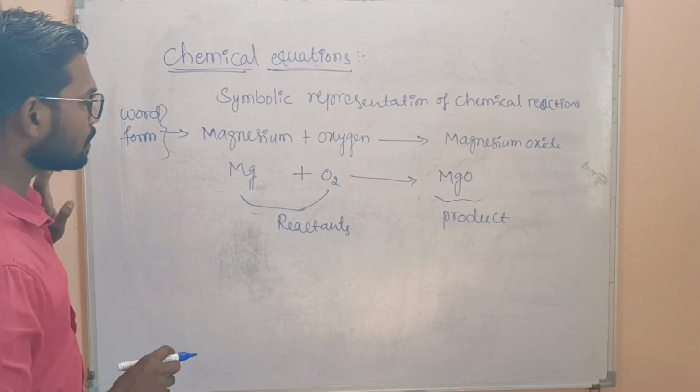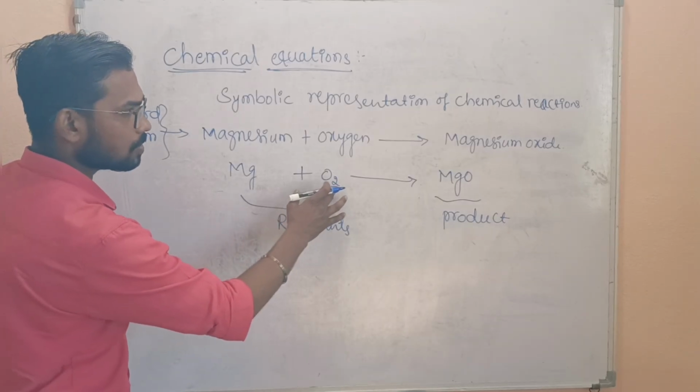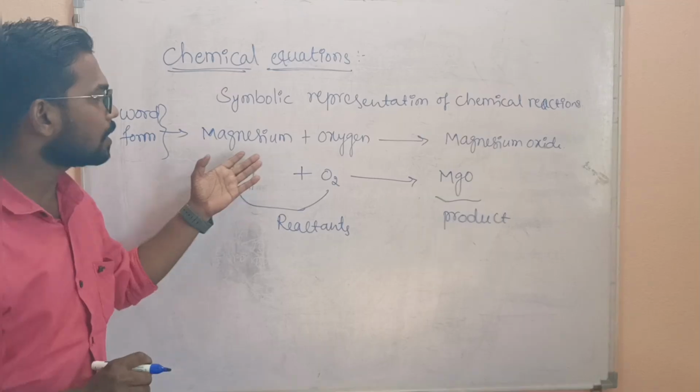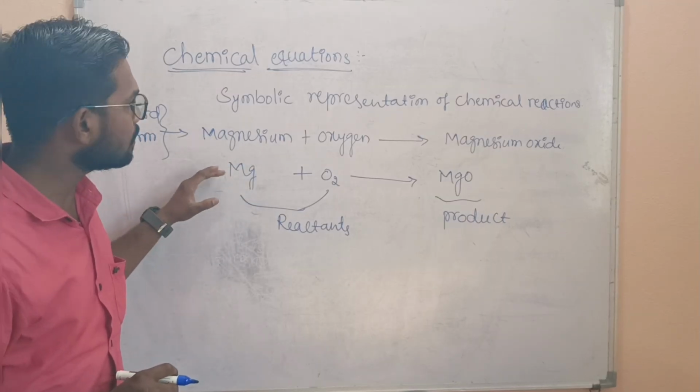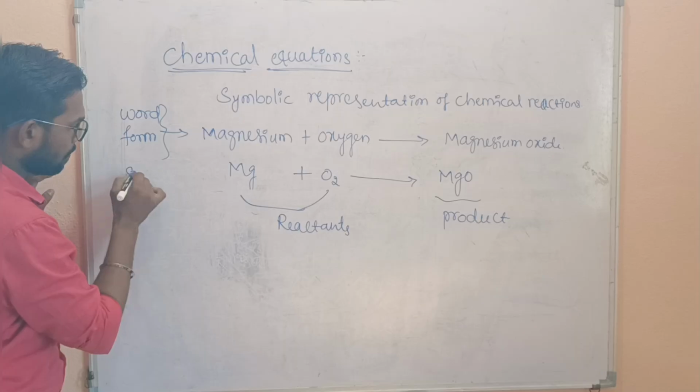It is very easy. We have already written that magnesium is going to react with oxygen and form magnesium oxide. We can see that it is much easier than the word form. This is the symbolic form.